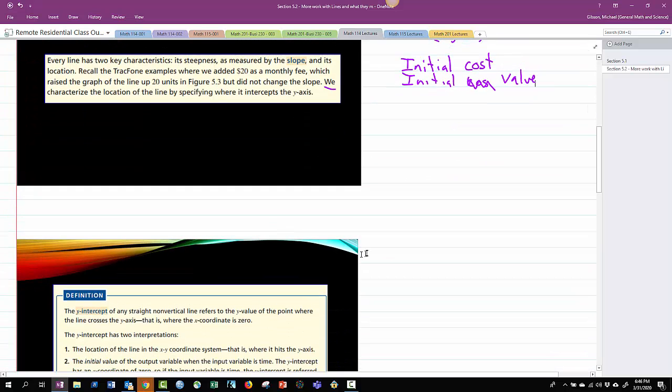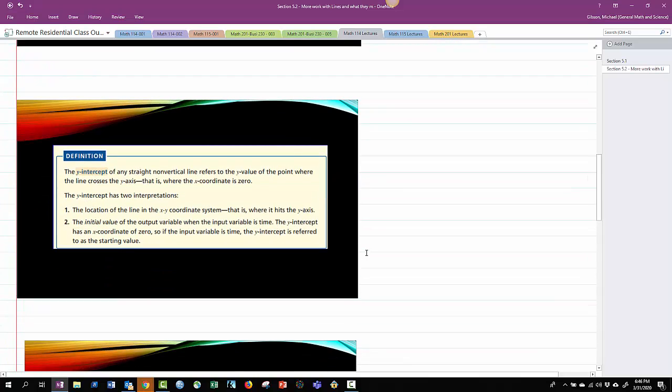Okay, let's look at another one. This is just the same thing laid out in print here. The y-intercept has two interpretations. One is the location of the line, that is, where it hits the y-axis.